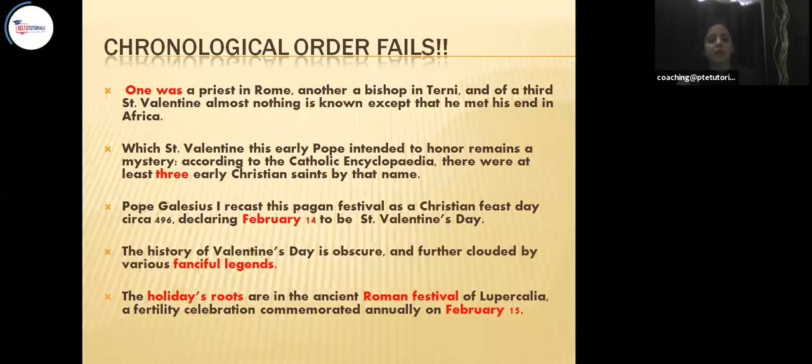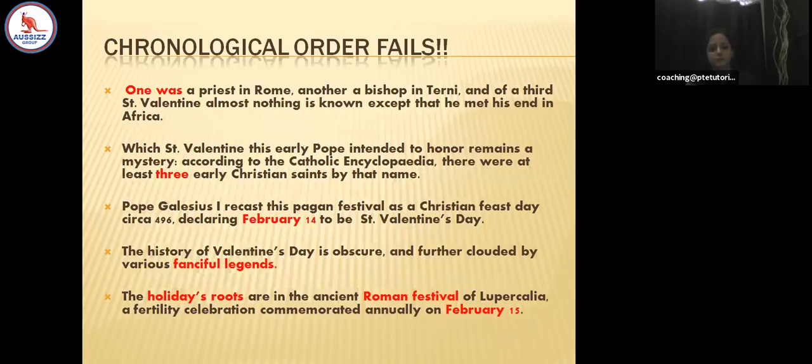Then number 4: the history of Valentine's Day is obscure and further clouded by various fanciful legends. Okay, I'm thinking that this can be my opening sentence. Then: the holiday's roots are in the ancient Roman festivals of Lupercalia, a fertility celebration commemorated annually on February 15.